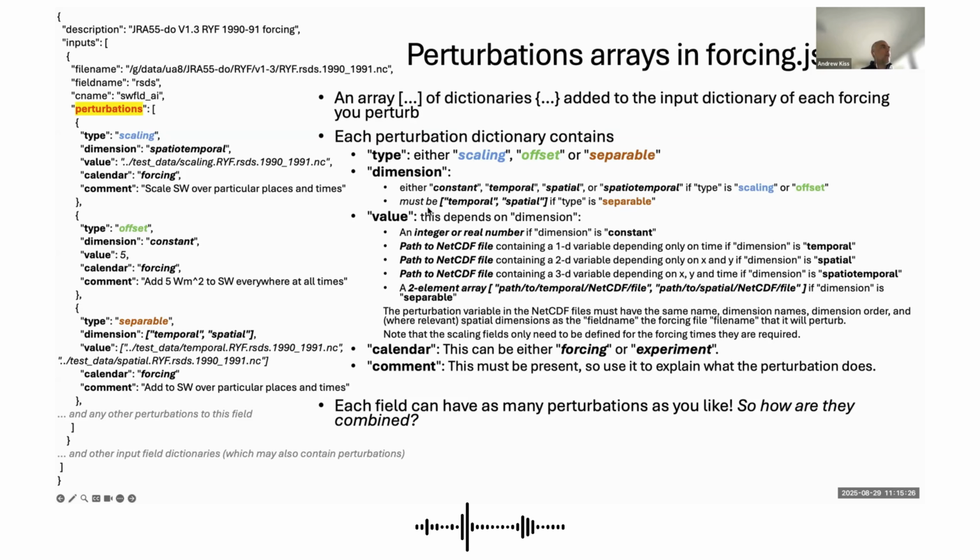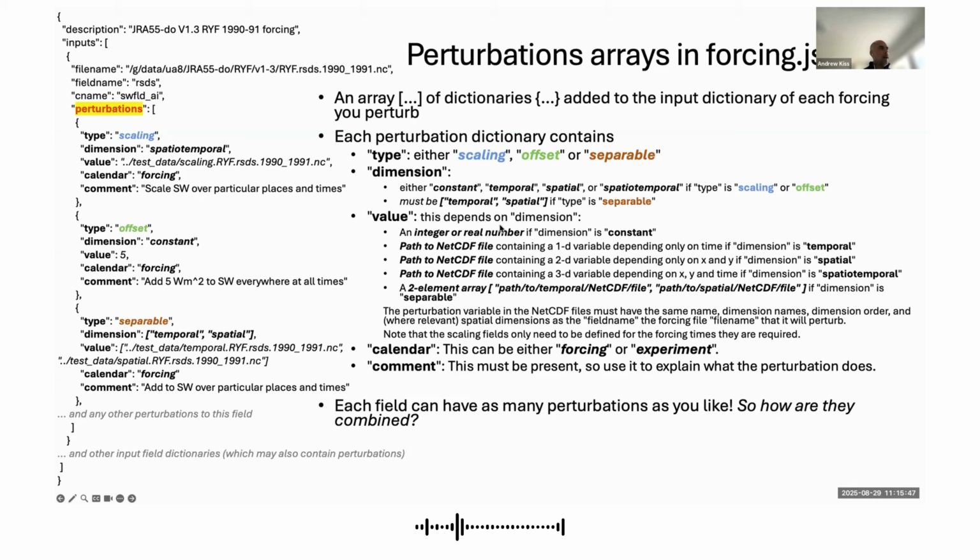You have to have one of those if you're using scaling or offset. The separable type requires an array that looks like this, as you said, temporal and spatial. That's just what's required. And then there's a value field in each of these.